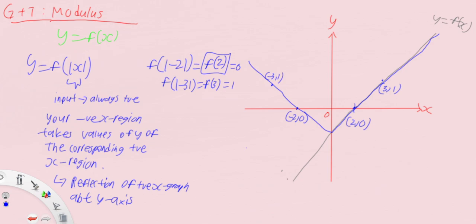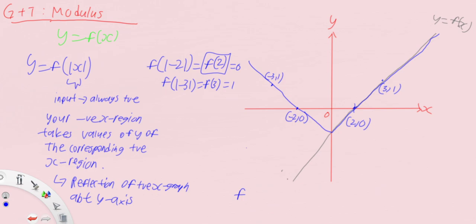It is because you're only taking the modulus of the x value. That means you're only looking at from 0 to positive infinity. You then reflect that, because f(-1) would be equal to f(1), but f(1) can be negative as well, as you can see right here, if f(1) is basically -1. Alright, so that is the whole idea of f(|x|).